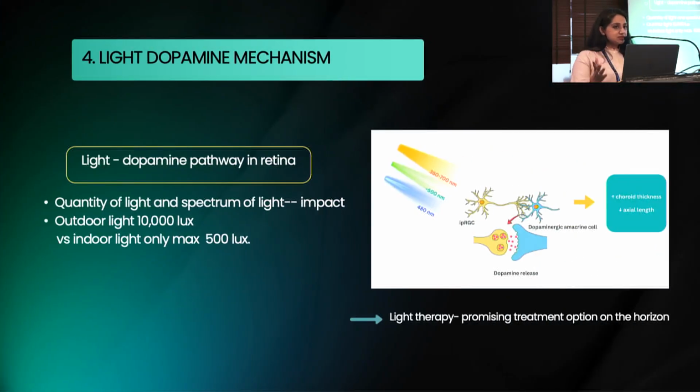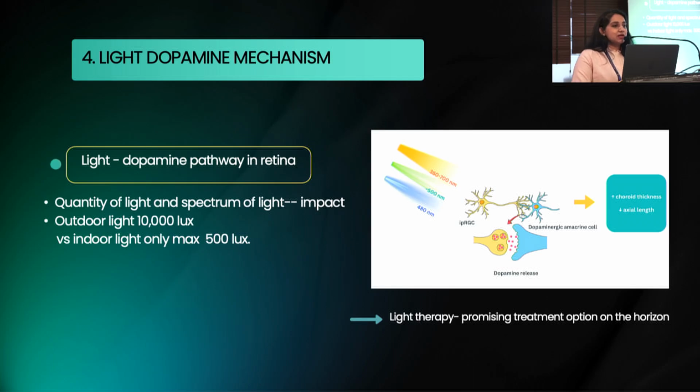The fourth and the last theory is the light-dopamine mechanism, where the quantity and the spectrum of the light have a very big impact on axial length elongation. When a particular type or amount of light comes into the retina, the intrinsically photosensitive retinal ganglion cells get activated and dopamine is released. That dopamine release acts to reduce axial length, along with an increase in choroidal thickness.